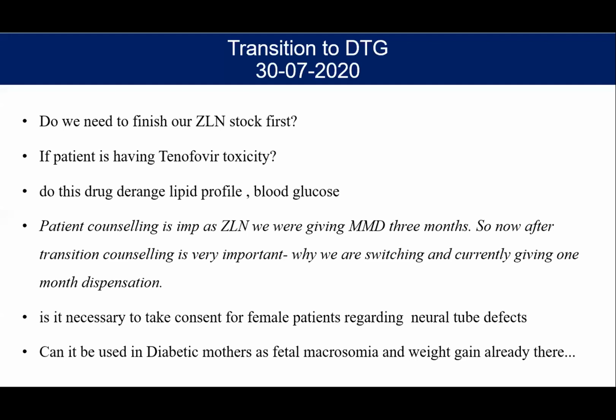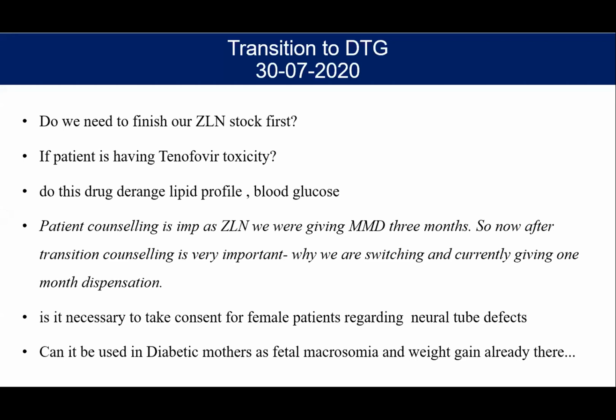So just to add here, a written consent is not required. You need to adequately counsel the patient on the benefits as well as risk of DTG, and then whatever decision patients take, that has to be respected.